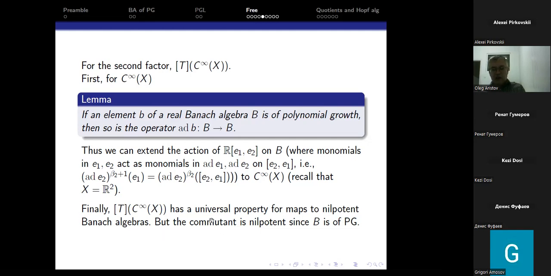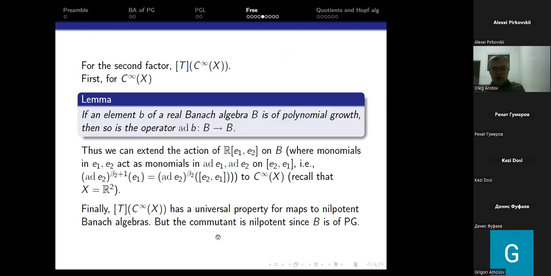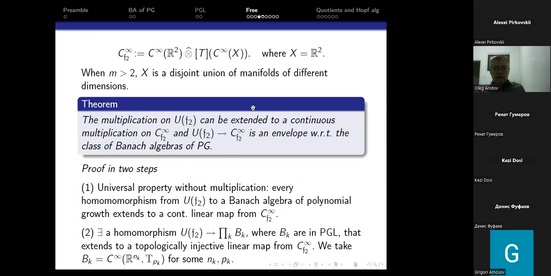So we can use this property here. Combining all this, we get a continuous linear map from the tensor product of this space: we have a continuous map for the first factor and a continuous linear map for the second factor.